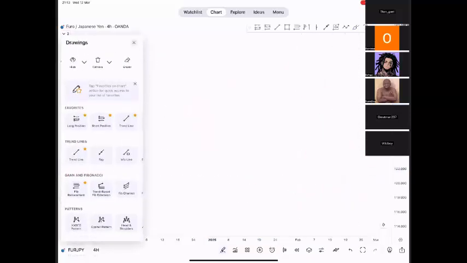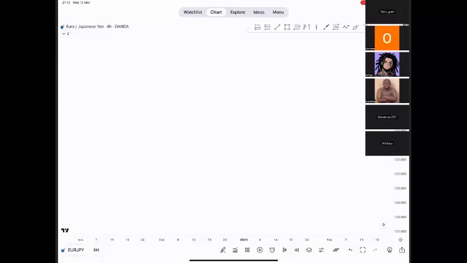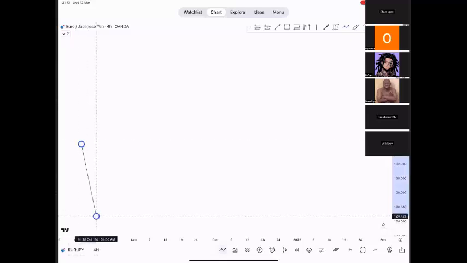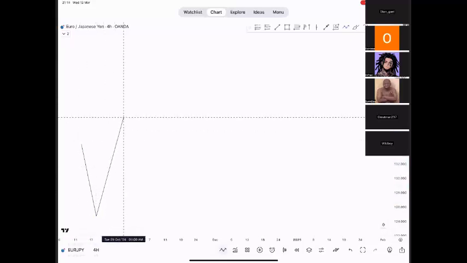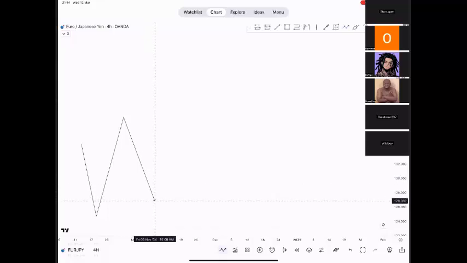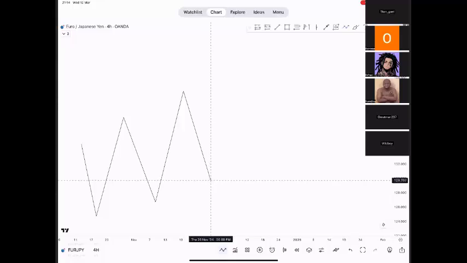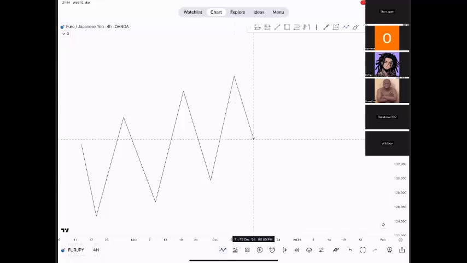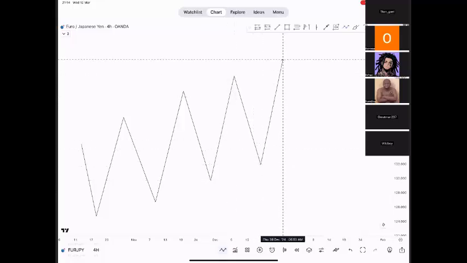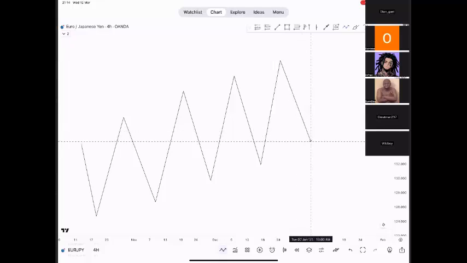Before we move into this, I want to emphasize the minor and the sub-break structures. One of the very many issues that people have when it comes to market structure is the fact that market structure will not always be as neat as it is in this schematic diagram. You see the way that I'm mapping it up like this? That is not how you're going to see it necessarily on the chart.